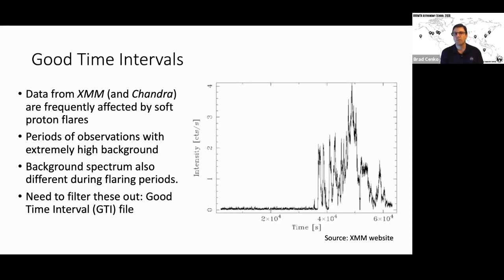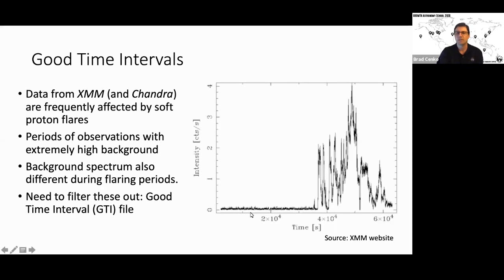And so XMM in particular, but Chandra also to a lesser extent, are frequently affected by soft proton flares, where you see very high elevated rates of background counts, usually from, like I said, solar flares.